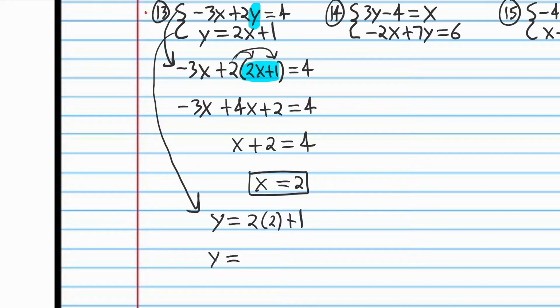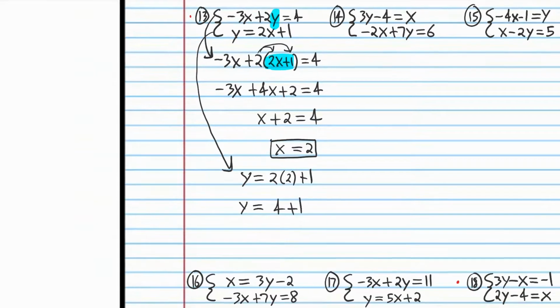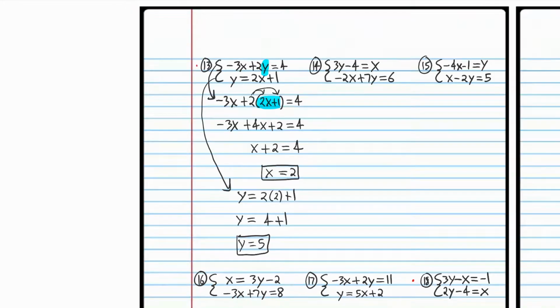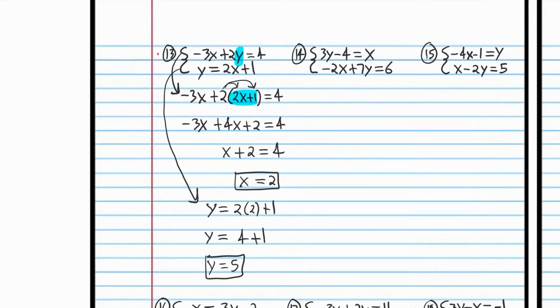You can also look at my arithmetic course where we learned order of operations. So 2 times 2 is 4, and 4 plus 1 is 5. Again, that problem was just a little harder because we had this more complicated expression, the 2x plus 1.